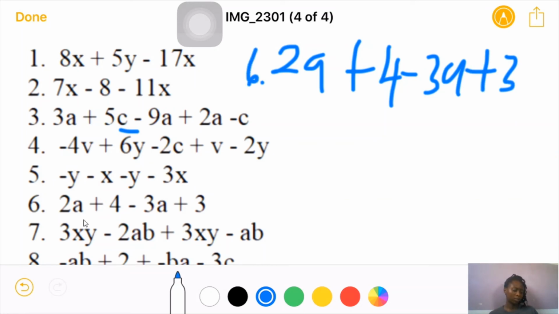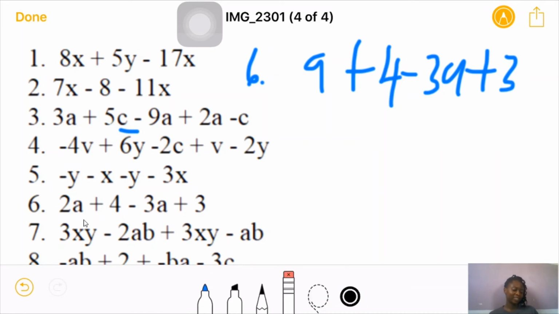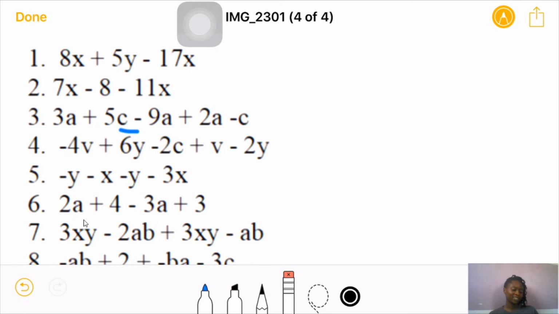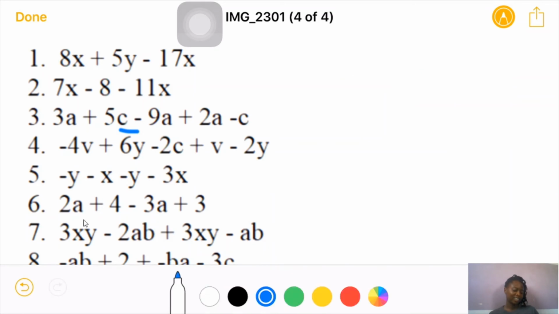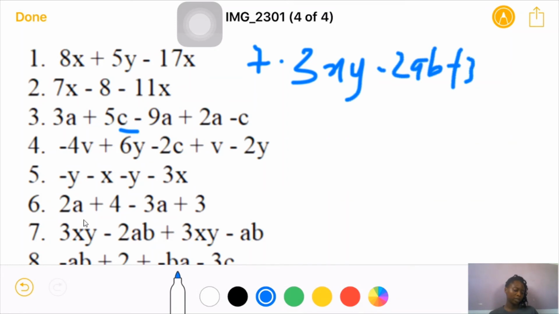Oh, I just did number 6. So number 7. Number 7. 3xy minus 2ab plus 3xy minus ab.